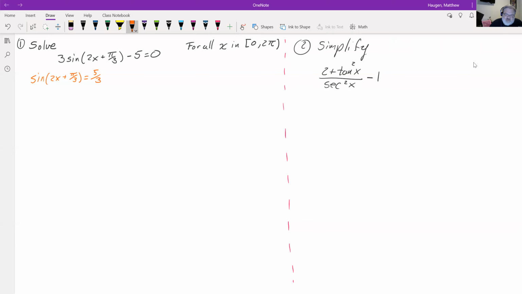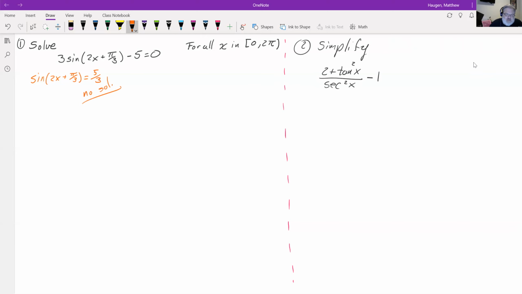So asking what x values make this sine function output 5/3, sine never outputs 5/3. So as soon as we get something like that, really before even taking the inverse, we can recognize it, but you usually will just by habit try to find the inverse, and it'll say error. So at that point, it's just no solutions and you're done.